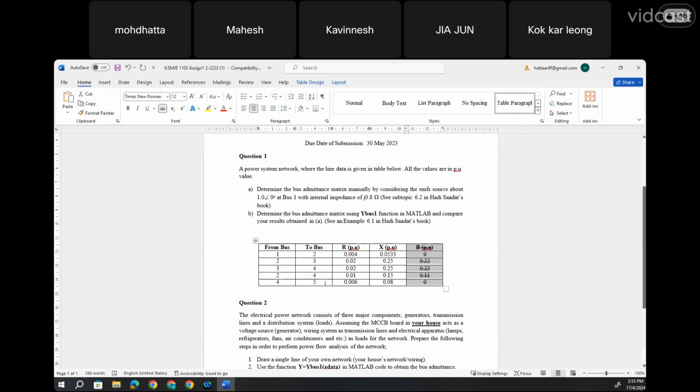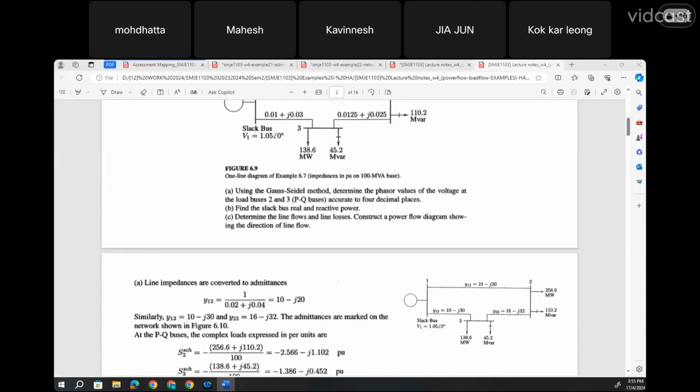So here, I would really suggest you see the examples in Hadi Saadat's book lah. So we have two examples over here. Hadi Saadat's book is reference number 5. Looking at your e-learning portal, you might find Hadi Saadat's book.